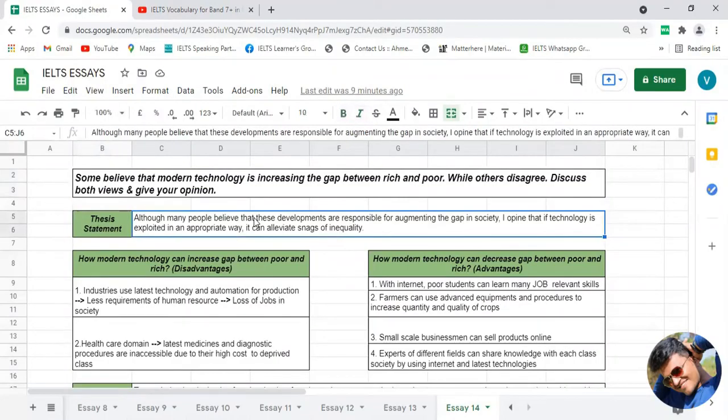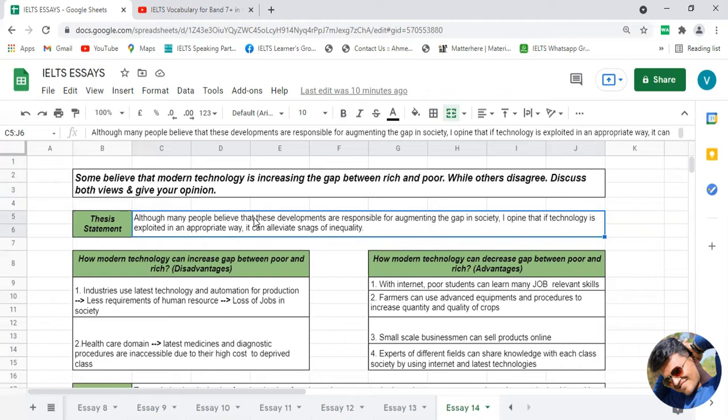As you can see, friends, in this particular essay we basically need to write the advantages and disadvantages of modern technology from the perspective of the gap. It means the poor becomes poorer and the rich becomes richer.